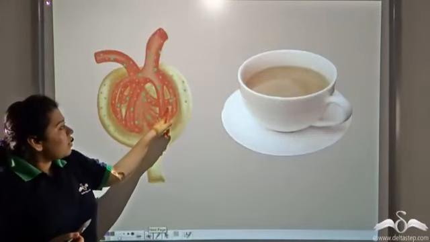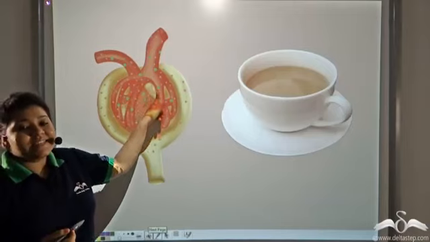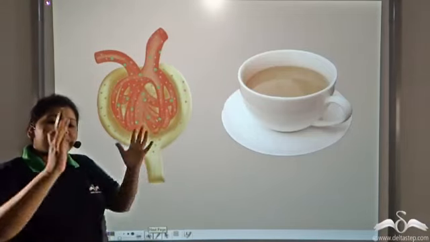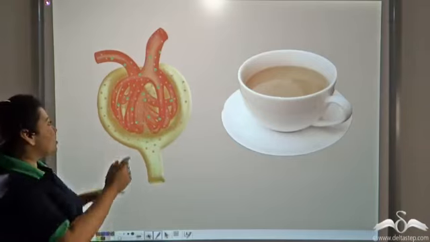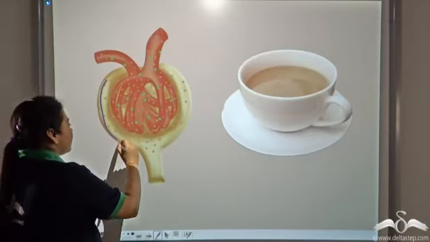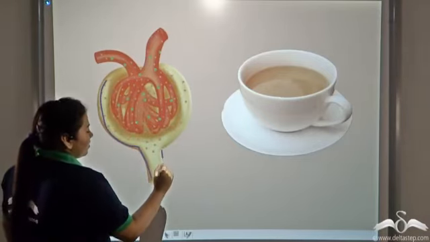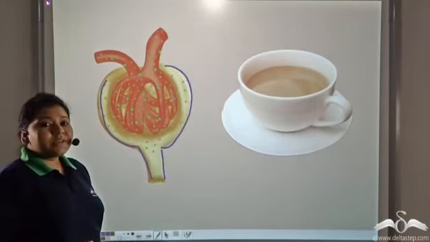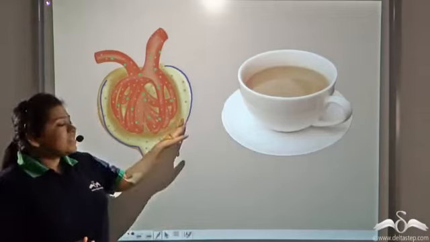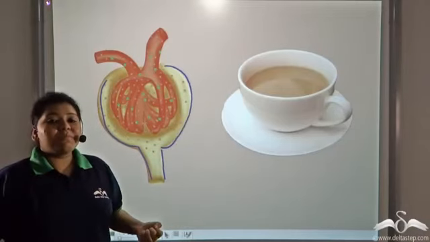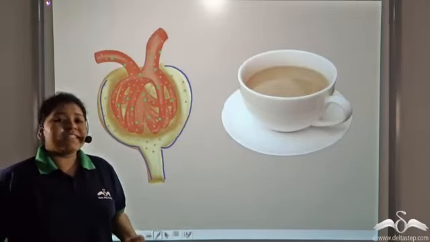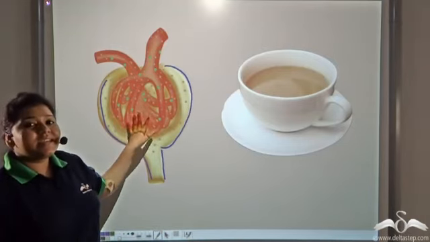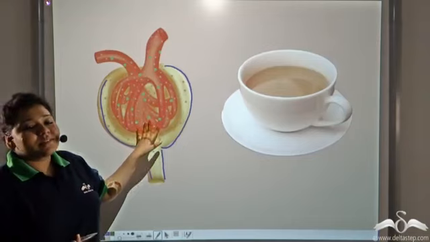This ball of blood vessels, which is known as the glomerulus, fits into a cup-shaped structure. See? This is because it facilitates the greater absorption of impurities from the blood that are present inside the glomerulus.